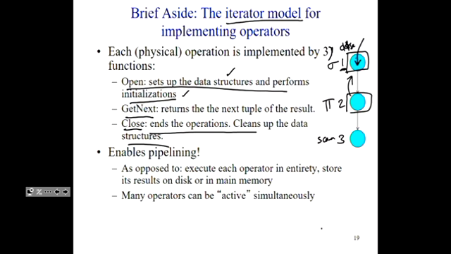You don't need to wait for any of the operators below to finish execution before you get your first output. As I'm scanning at the bottom operator, any tuples that I find I can send to the next operator, pi, which is projection, and those tuples can be sent to selection even though scan might not have actually finished its processing. Those tuples can move up to the higher levels of the query plan.